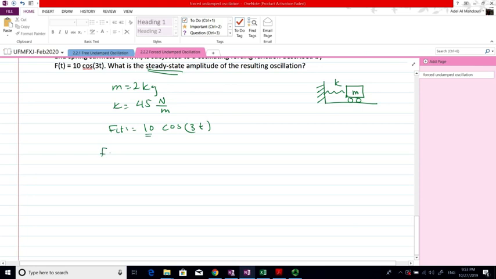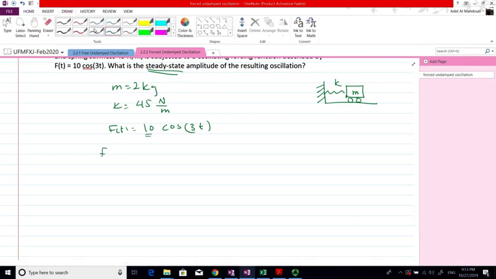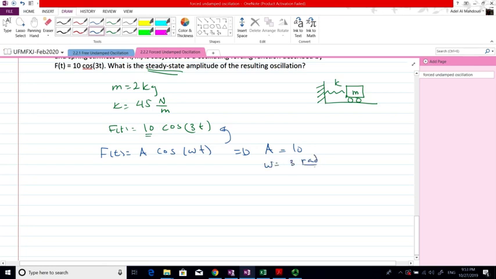F(t) generally will be equal to the amplitude times cosine omega t. Therefore, from this equation, we can get the amplitude as 10, and omega will be 3 radians per second.